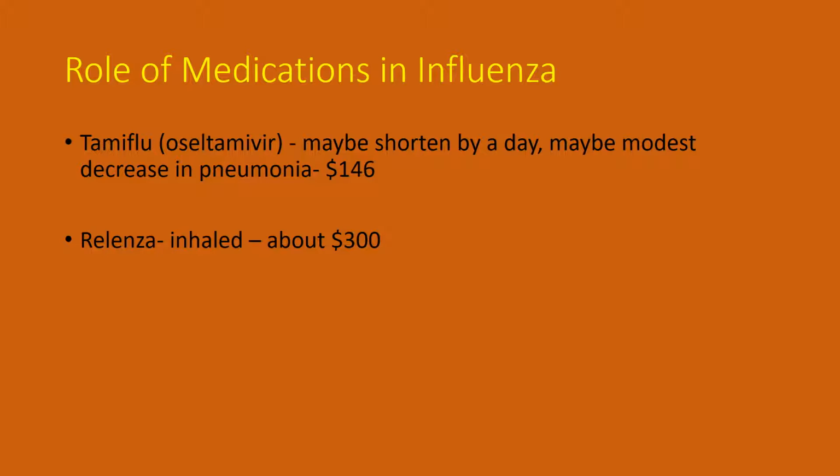If I have someone who's basically healthy and is around basically healthy people, then I discourage it. The benefit of shortening it by a day is really only an issue if you get it started within the first 48 hours anyways. Many people present after this time.